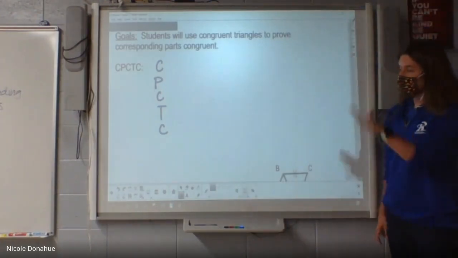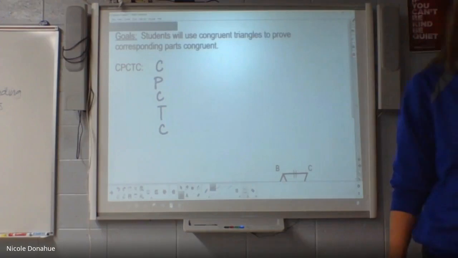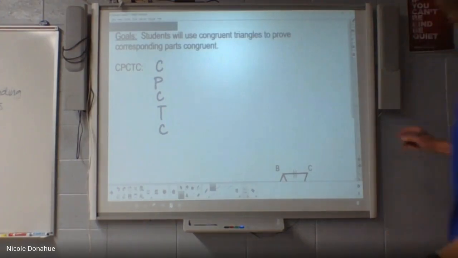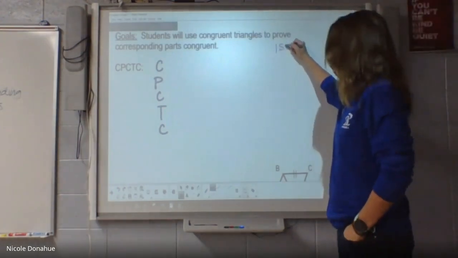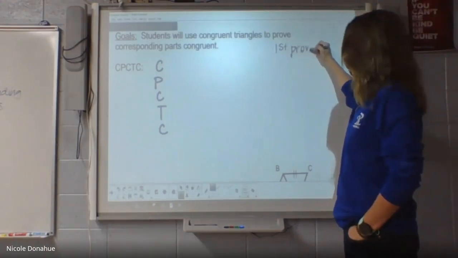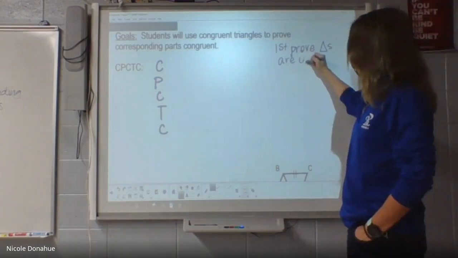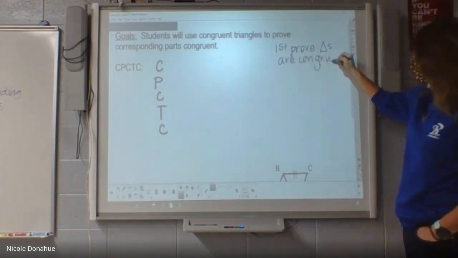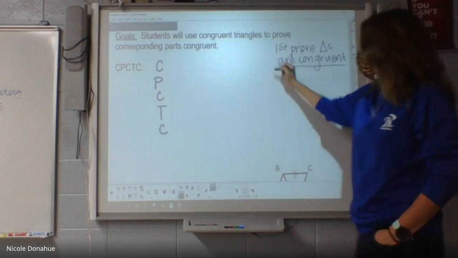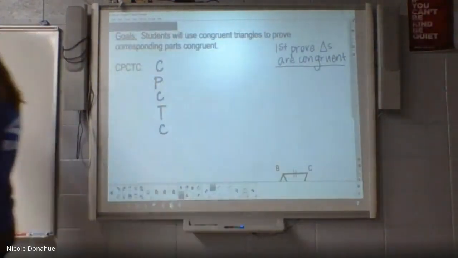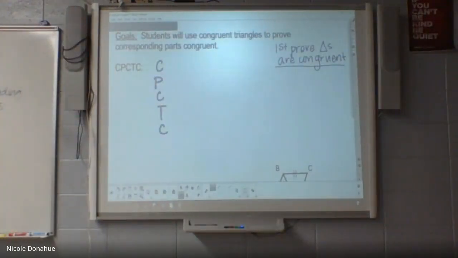But what we're going to use this CPCTC for is first we're going to prove triangles are congruent. Once we know that triangles are congruent, then we can also say that all their parts have to be congruent.